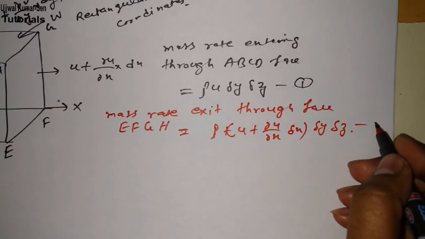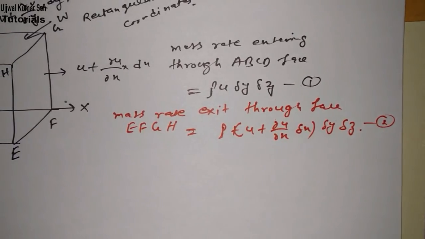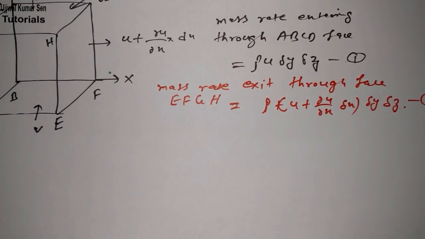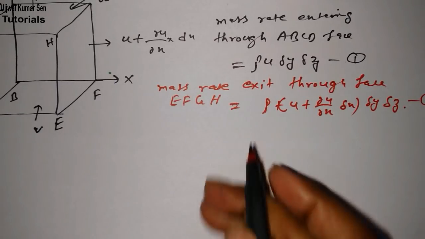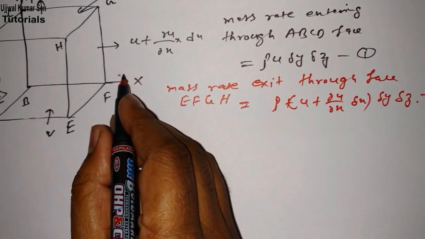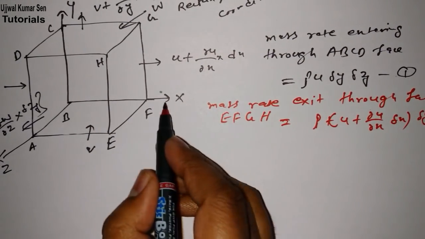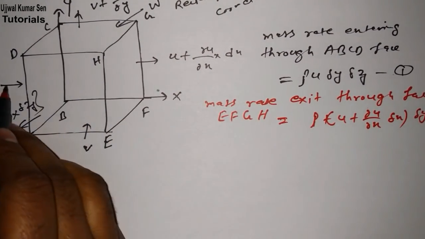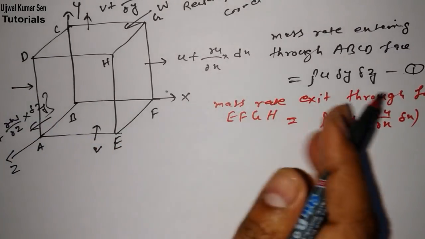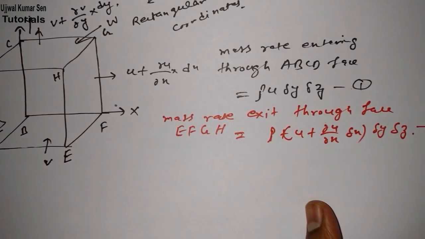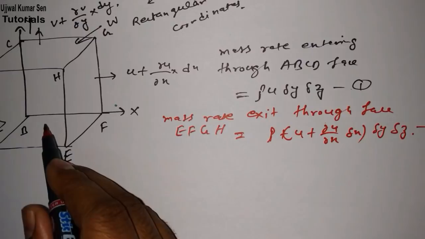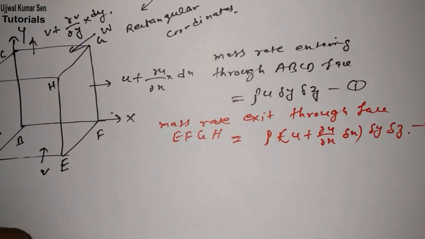This is equation 2. Now if I want to find the net mass rate leaving in the x direction, these two things are considered for the x direction only. You can see this is entering and this is exiting in the x direction. The same way we have to find it in the y direction as well as the z direction.